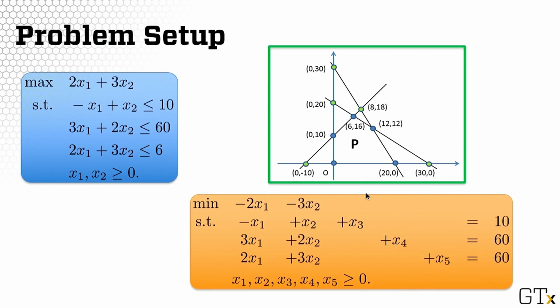So if we go back to the original graph, we started from 0, 0, and now we're at 0, 10. So in one iteration of the simplex method, we have moved from the initial basic feasible solution to this new basic feasible solution.